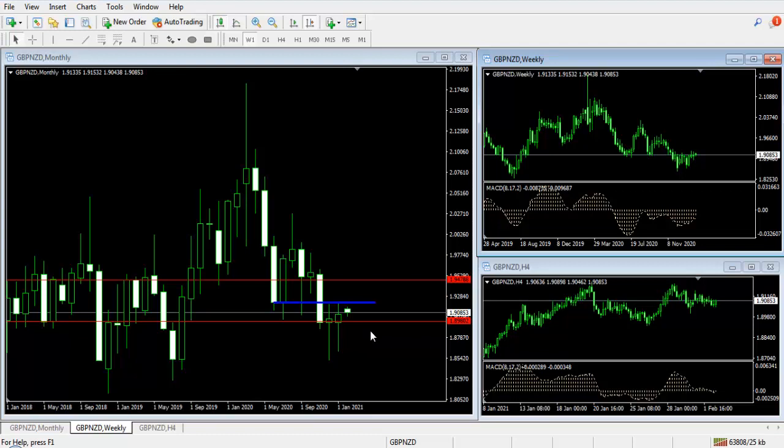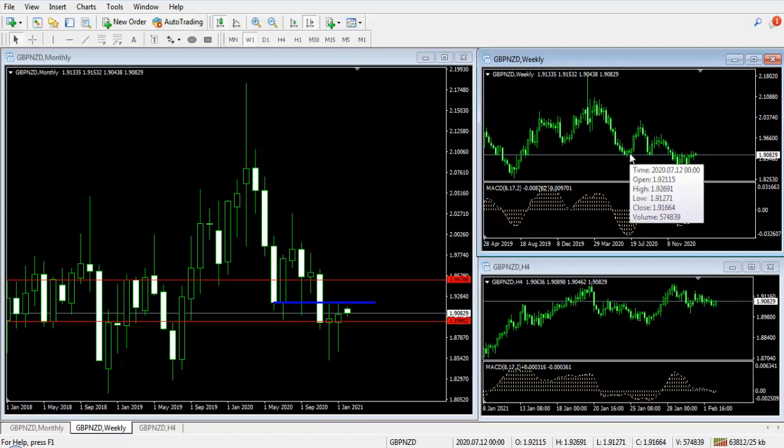In terms of the 4 hours, you see the sell off of the market, creating a lower low, a lower high there, a lower high here, finding support with a low over there, and then creating another lower low over there.